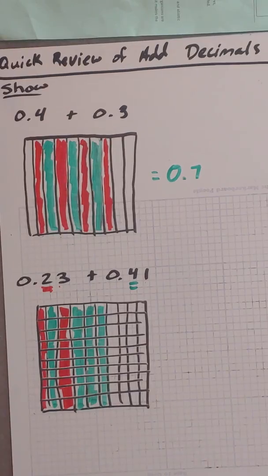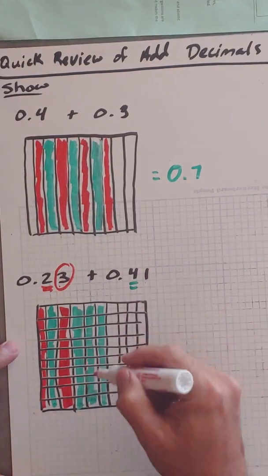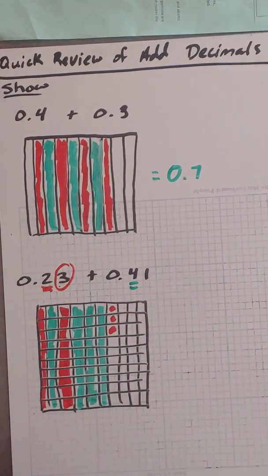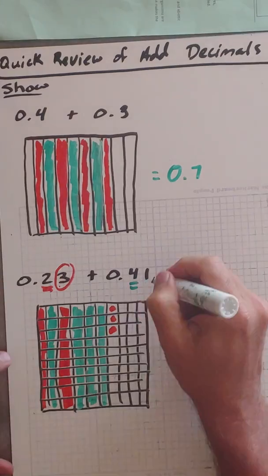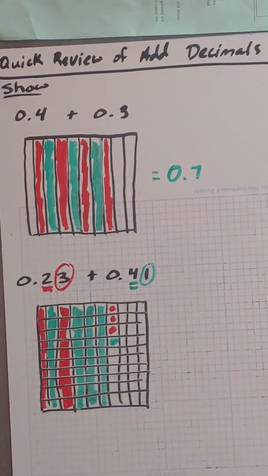And now I come back over here, and this says that I want to have 3 of these hundredths. So there's 1, 2, 3 of the hundredths there. And this one tells me I want to have 1 of the hundredths. So that's 1 right there.